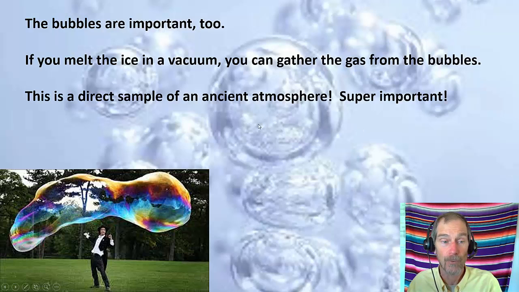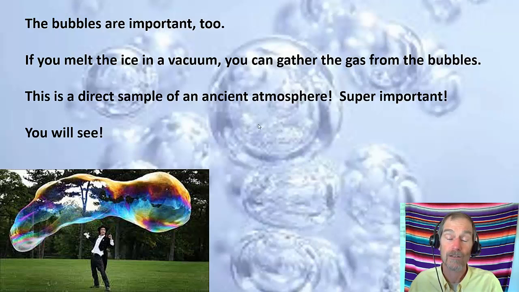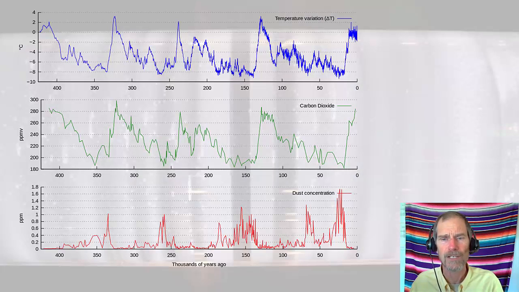That is super important. We're going to talk about the gases that they have found and how they've changed over time and how that relates to the temperatures of the globe at the time. It's very, very important, but we're not going to do much of it now. Just want to show you in this graph we saw before, this middle one shows carbon dioxide. So carbon dioxide levels in these little bubbles have gone up and down too.